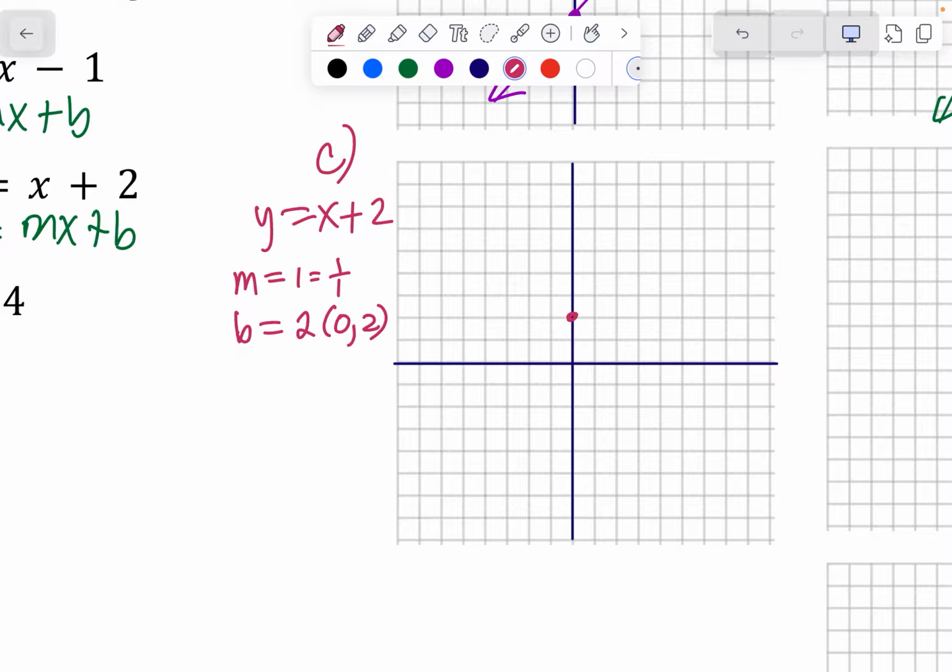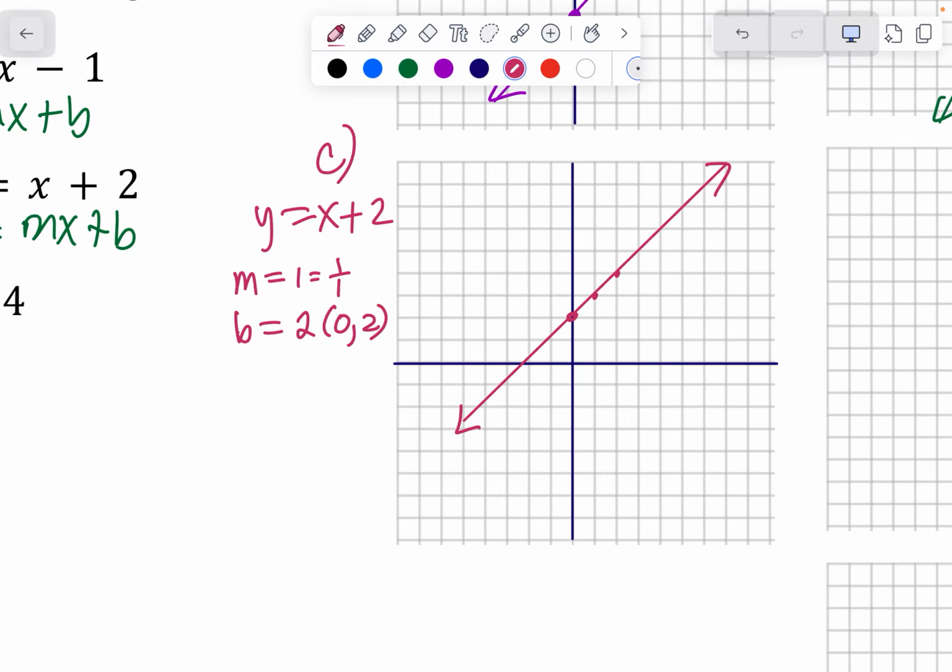Now our slope is positive 1. So for every 1 we go up, 1 we go over. So you would just go up 1 and over 1. And there you go. Make your line, stretch across your graph paper. Everybody good with that one?